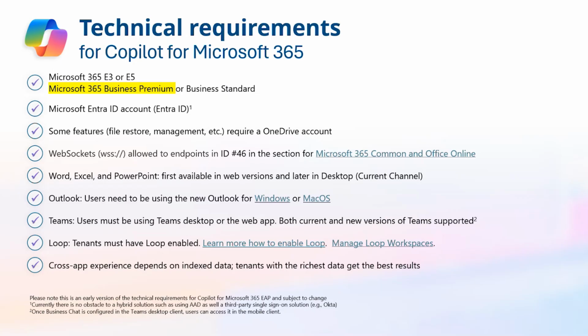Just like I said earlier, E3, E5, Business Premium, or Business Standard license. You will also need Entra ID, a OneDrive account, Office applications such as Word, Excel, PowerPoint, and access to Outlook, Teams, Loop.